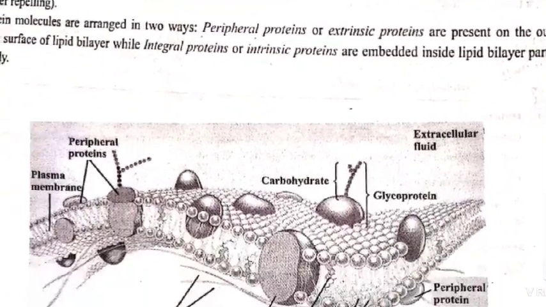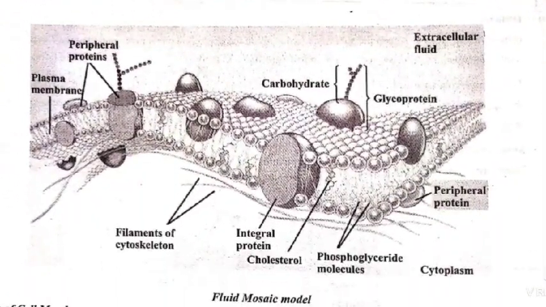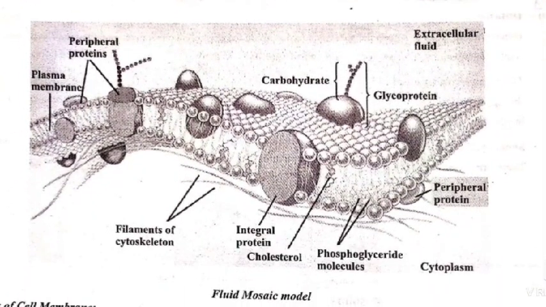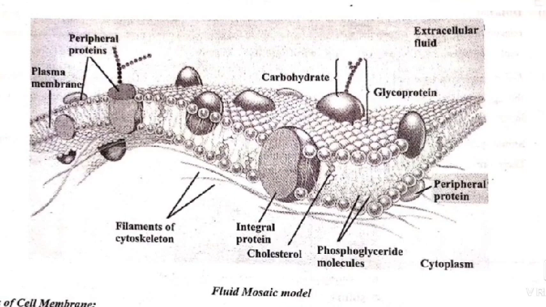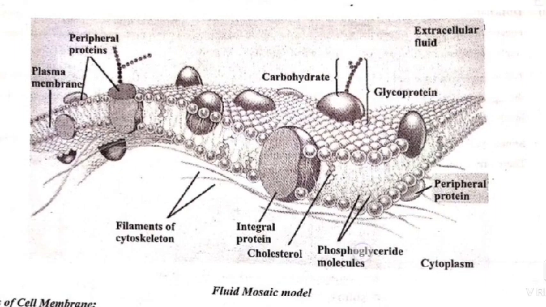Right. The fluid mosaic model. See, just like this, a plasma membrane: peripheral proteins are there, carbohydrate is also there, and glycoprotein is also there. The integral proteins and cholesterol are also mixed in, with phosphoglyceride molecules, and the cytoplasm is present.